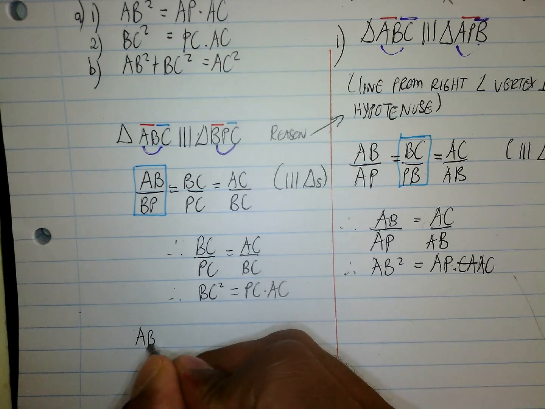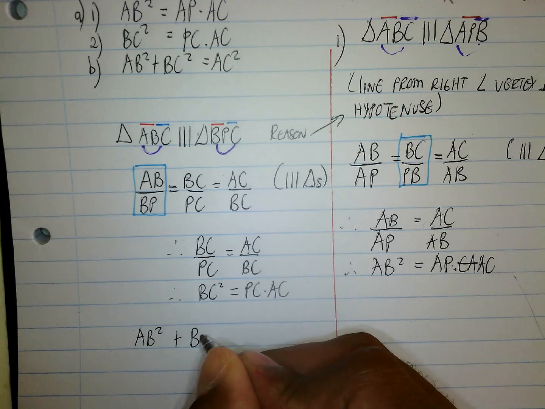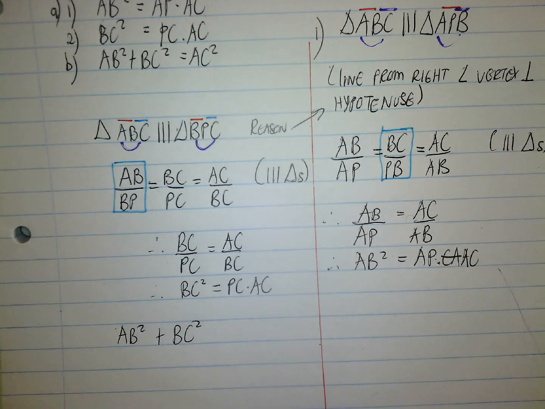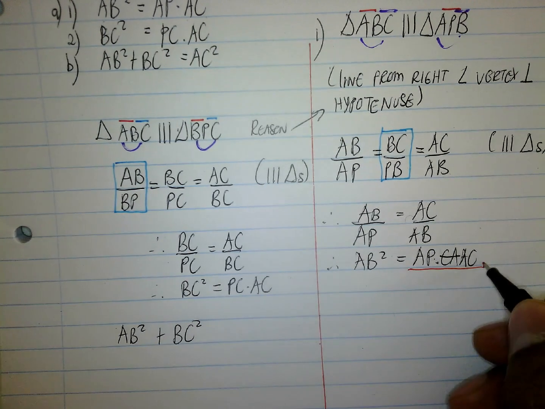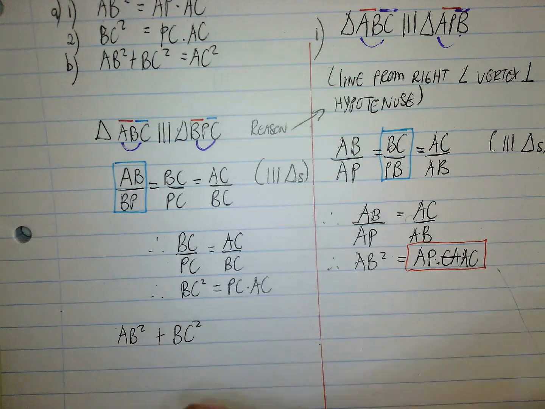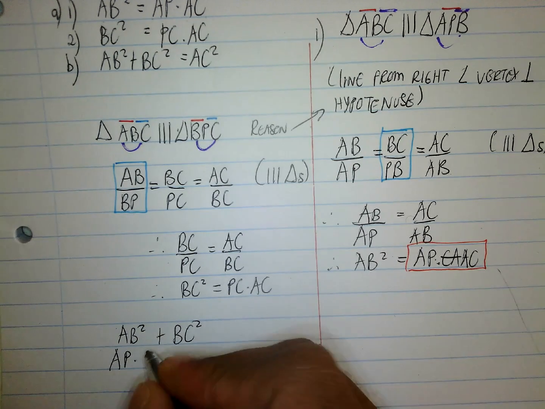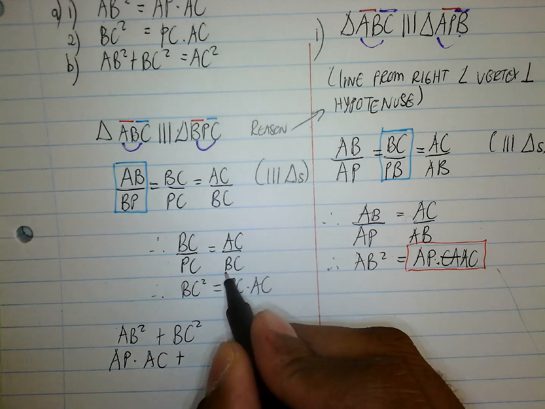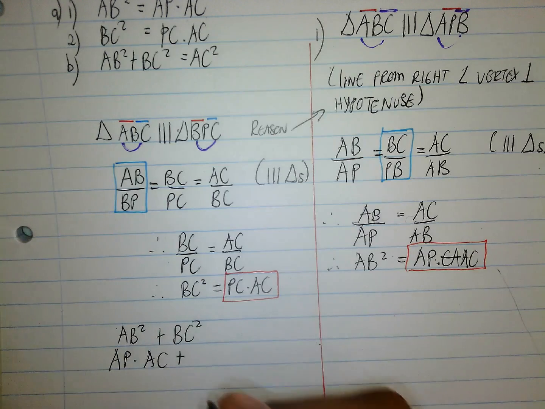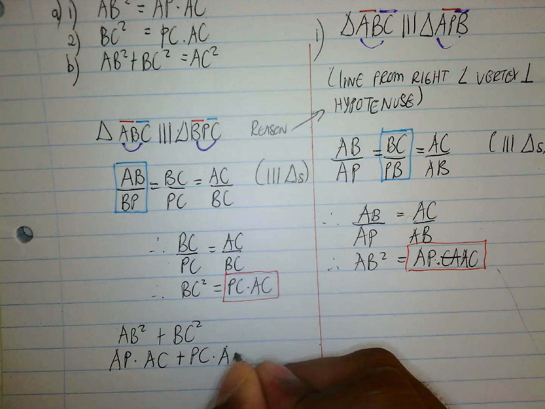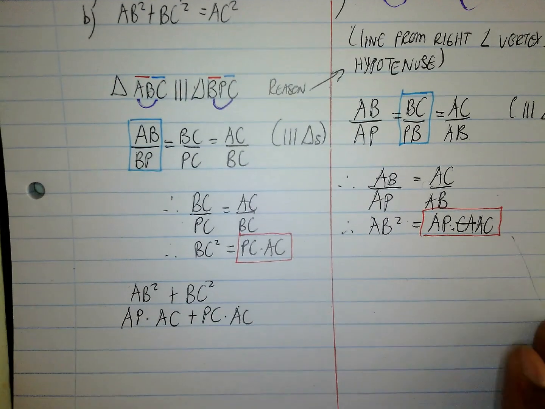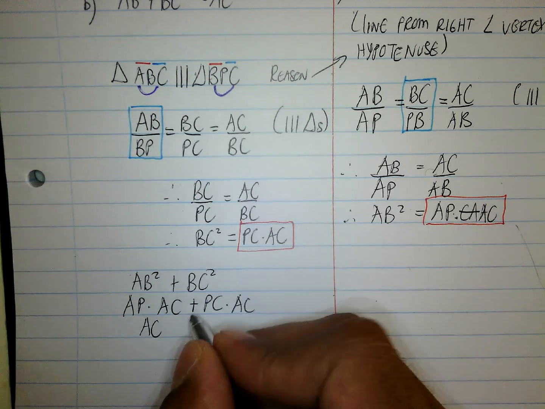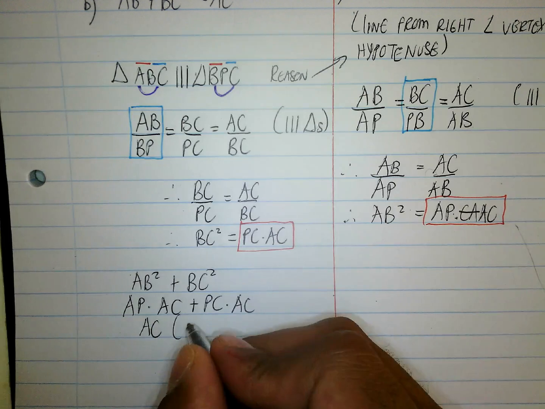We know that AB squared is equal to AP multiplied by AC, plus BC squared, which is equal to PC multiplied by AC, right? Now from there, we notice that we have a highest common factor, which is AC. We're left with AP plus PC, right?